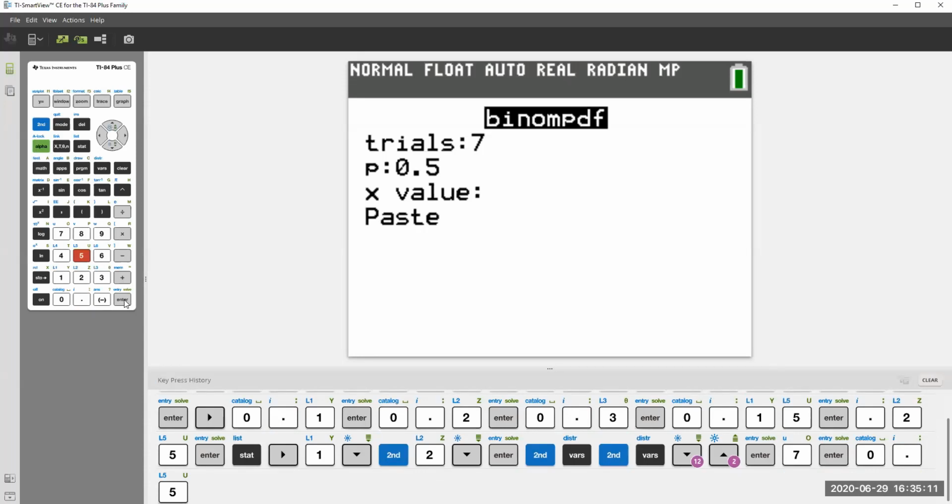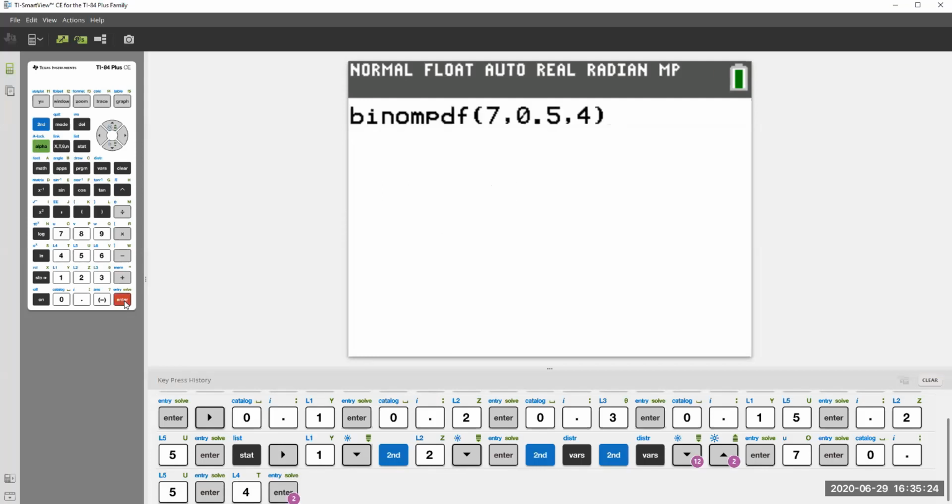How many successes am I looking for? I want 4 heads in 7 tosses, so I'm going to put 4. And then enter, and this is now my function, binomial PDF. N is 7, probability of success is 0.5, and we're talking about 4 successes.